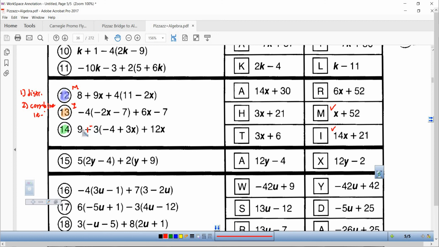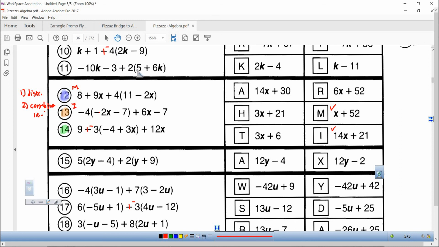Instead of subtracting a positive, add a negative. So down here I would make this plus a negative. Right here I would make this plus a negative.